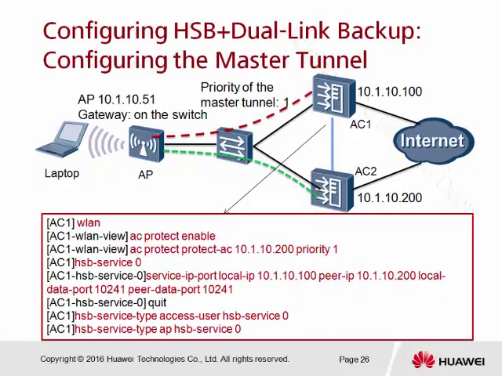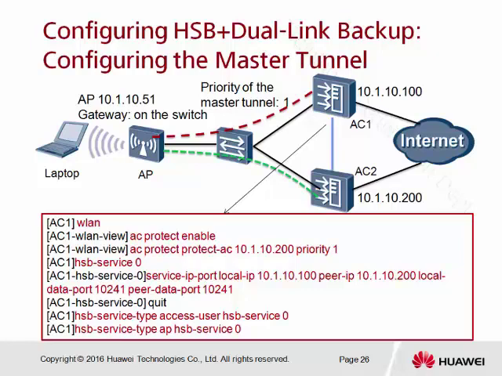Here is an example configuration. We're going to touch on AC1. As usual, we need to key in the WLAN command from the system view. In the next step, we use the command AC protect enable, because right now I want to enable the backup mode.